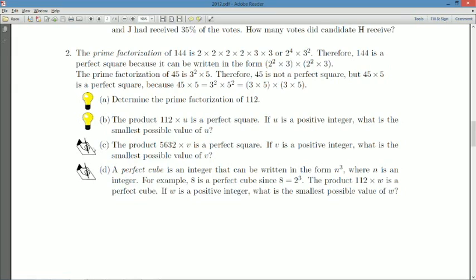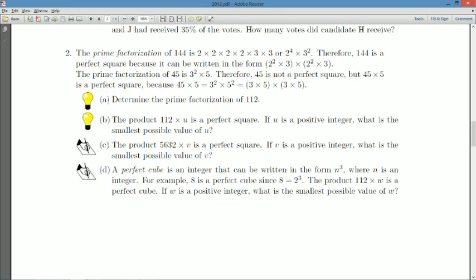Alright, so now we need some written style parts of the question. C. The product 5,632 times v is a perfect square. If v is a positive integer, what is the smallest possible value of v? Okay.